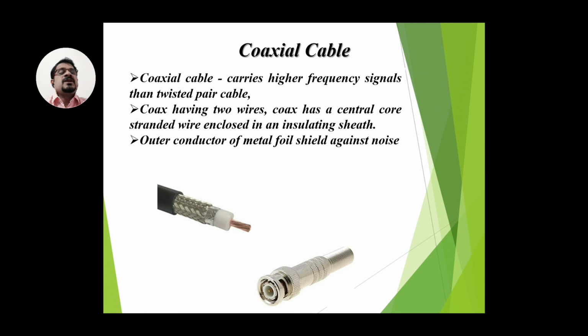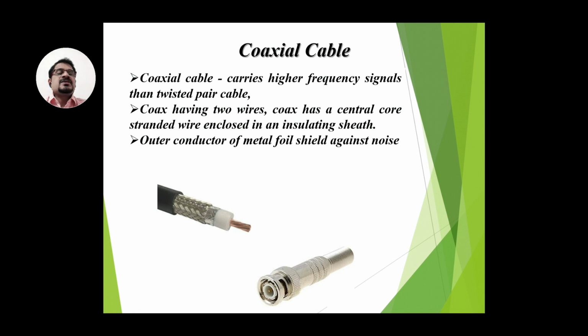The coaxial cable carries higher frequencies than the twisted pair cable. In the earlier twisted pair cable there is a lot of possibility of interference because it does not have much shielding, only one shield. So in this coaxial cable, the central wire is going to be there.